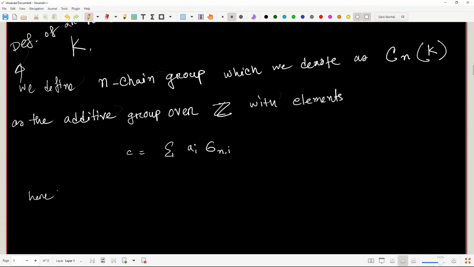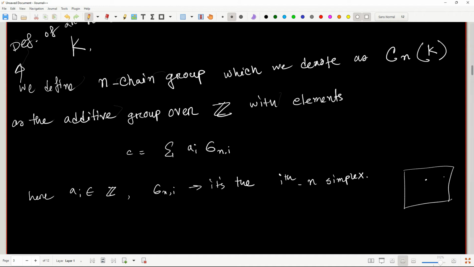Here, your a_i belongs to the set of integers, and this sigma_{n,i} means that it's the ith n-simplex. So what does that mean in particular? You know that a point is a zero simplex, right? And let's say I have a space like this.